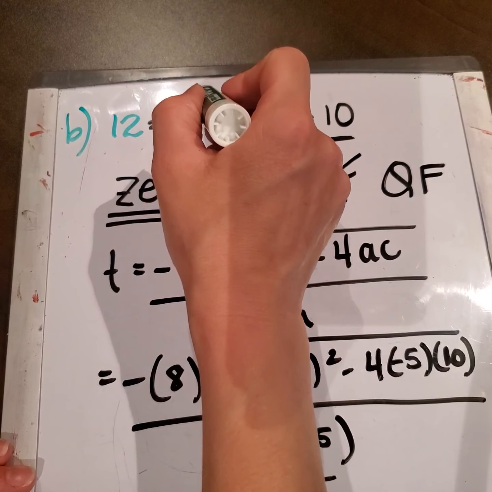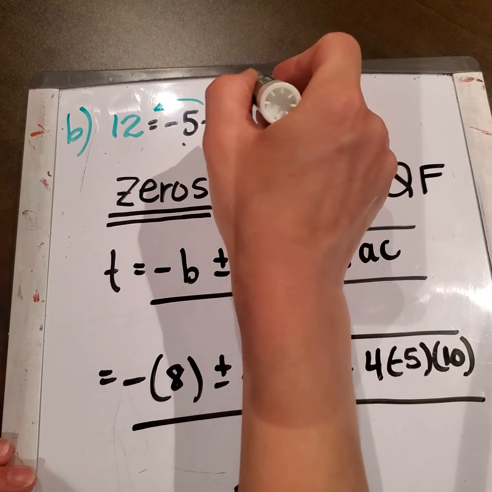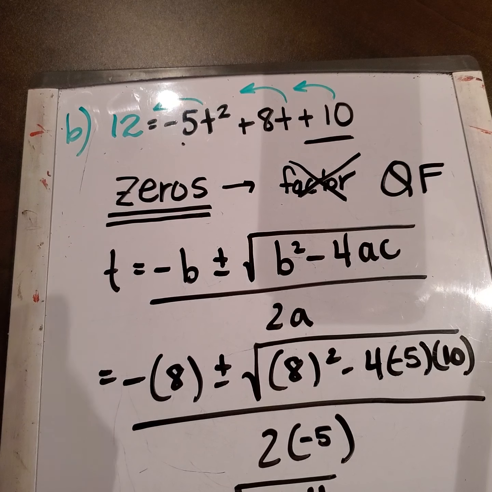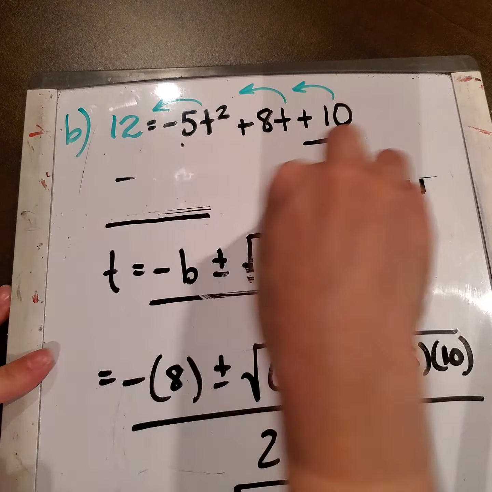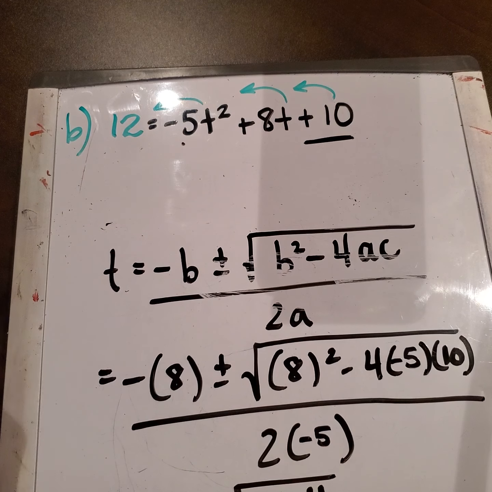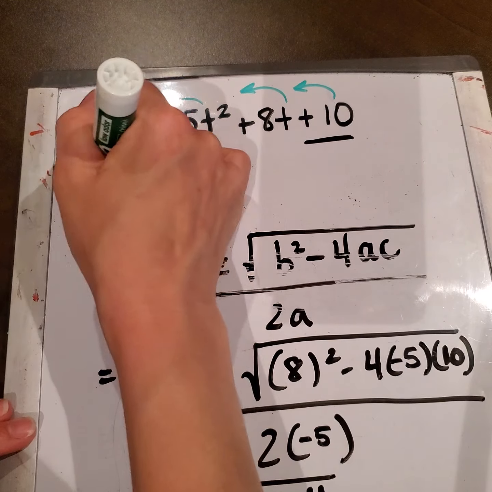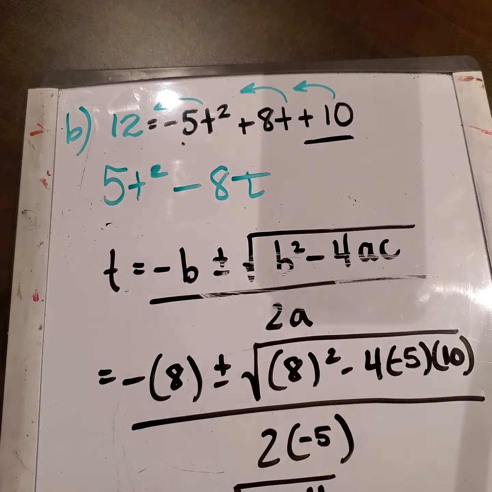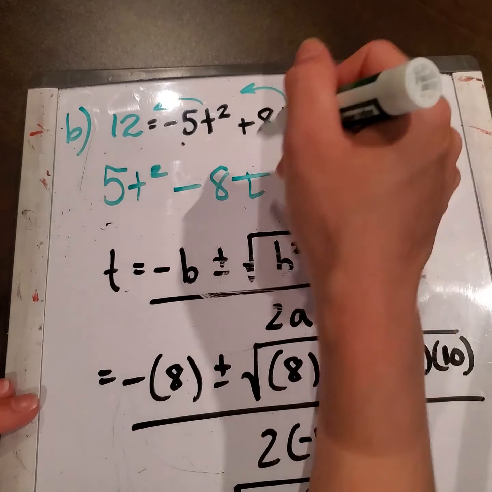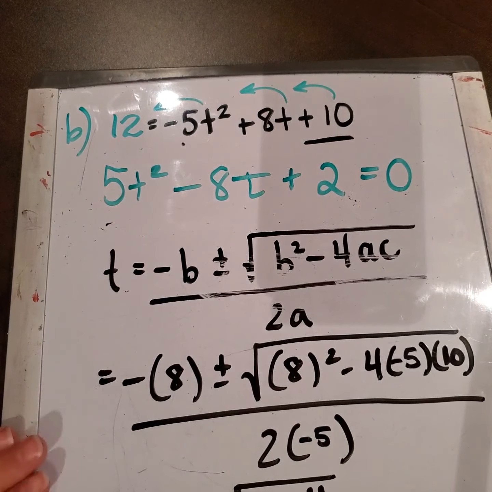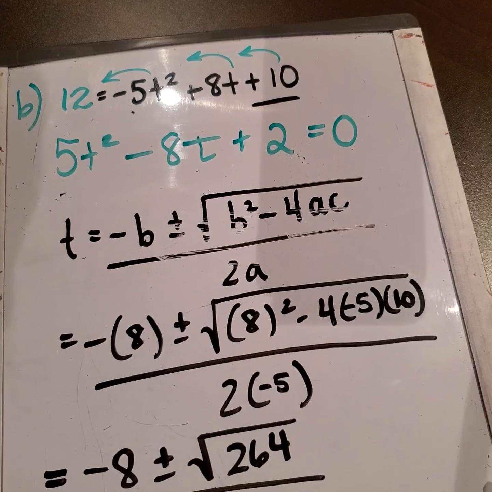So I'm going to bring all 3 of these terms to the other side of the equation, and rearrange. And so I have a positive 5t squared minus 8t, and then I've got 12 minus 10, which is a plus 2. Okay, so once again, I'm going to use the quadratic formula.